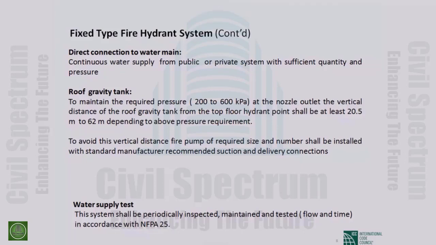If the hose is used by the firemen and the hose diameter is more than 2 inch, then the pressure should be 300 kilopascal. And if it is used by the sprinkler, then the pressure will be 600 kilopascal at the other end. So depending on the type of system there is some variation of pressure, and accordingly we have to create pressure in our design of this hydrant system.